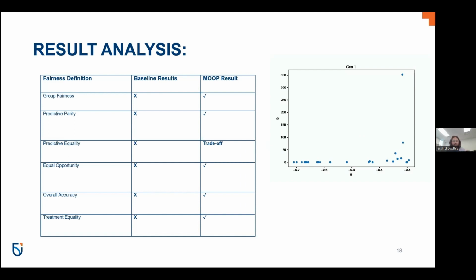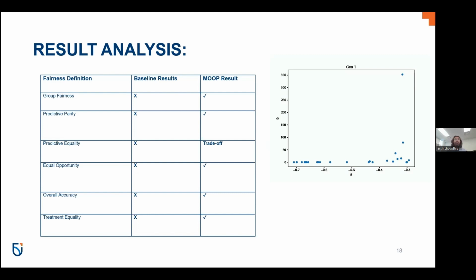But by incorporating a multi-objective approach in the in-training process, apart from predictive parity, which suggests a trade-off between accuracy and fairness, all the other 5 definitions satisfy both our objectives, suggesting a fair and accurate model. This shows that by employing fairness in a multi-objective approach, when a trade-off was assumed, the results that we got show that there is no trade-off between the two conflicting objectives, which was missing in the single objective approach.